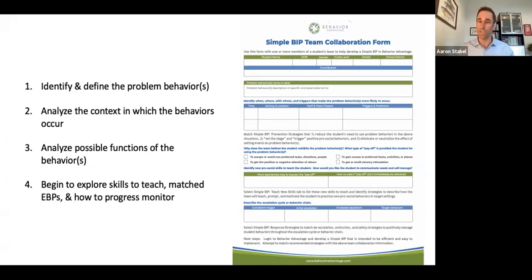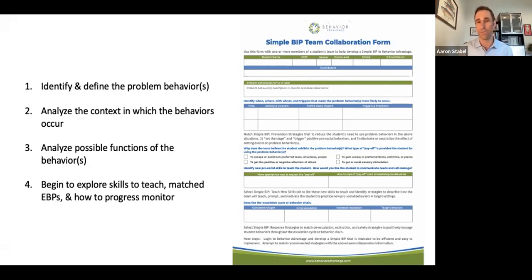You know, it's nothing more than a team meeting around context and function. And Behavior Advantage provides a ton of resources and content to guide your teams to engage and complete these processes.